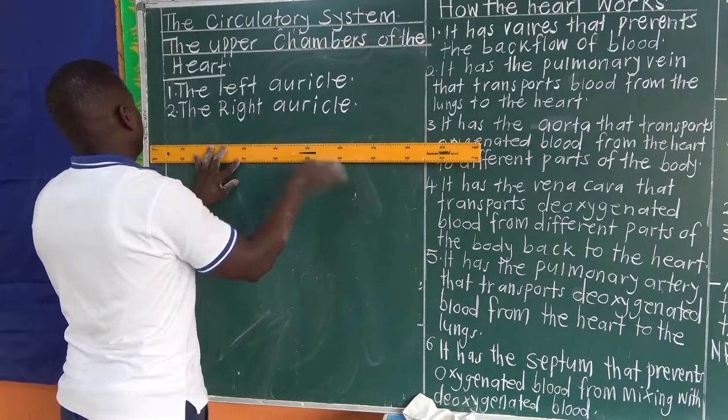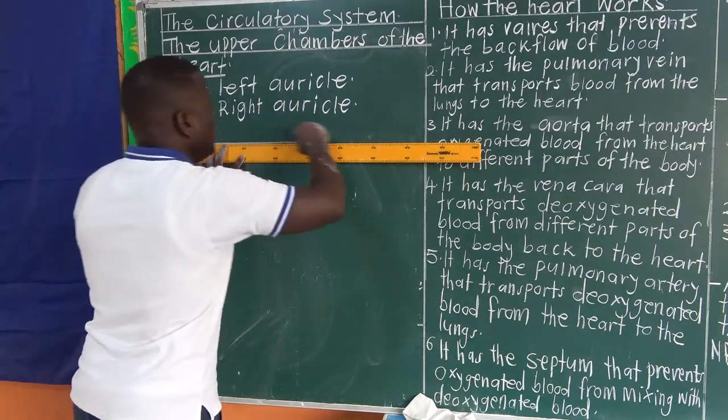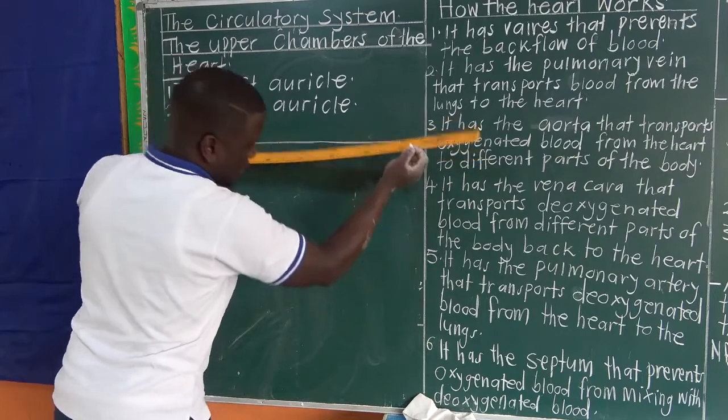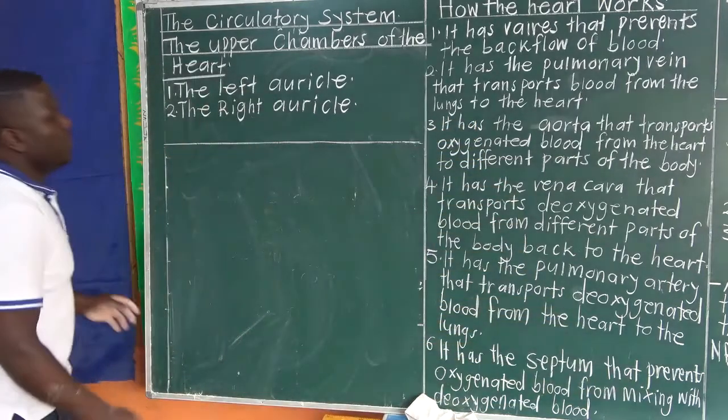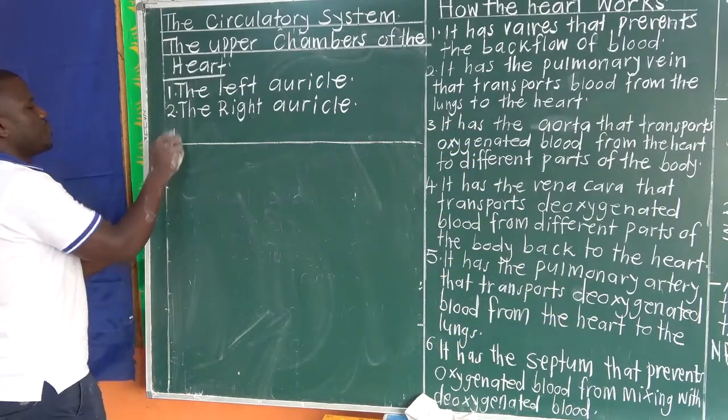Then we look at the lower chambers of the heart. The lower chambers of the heart are called ventricles.